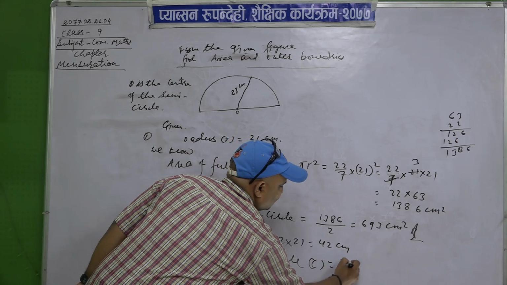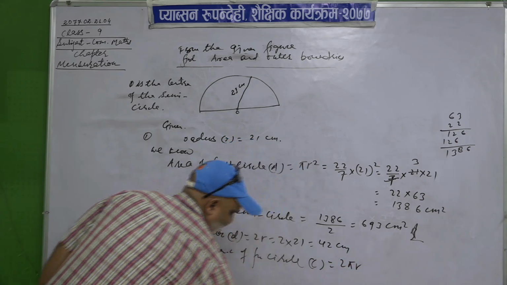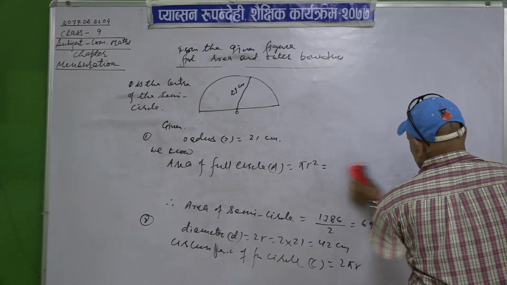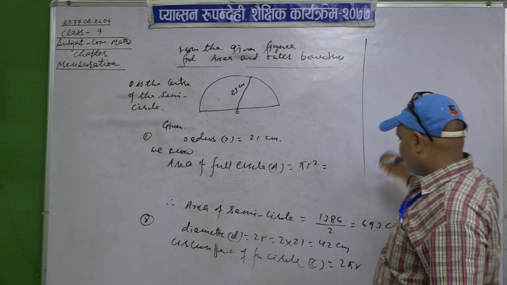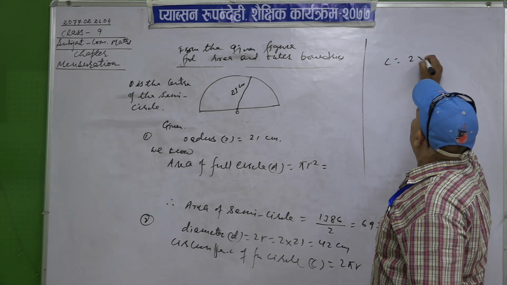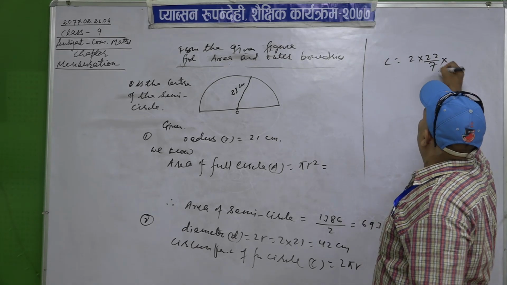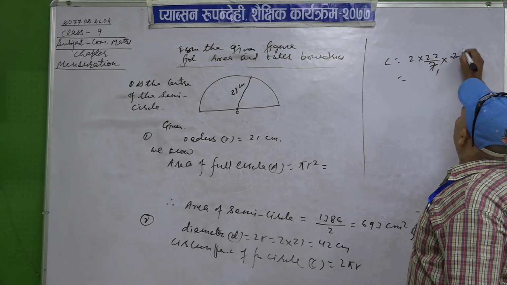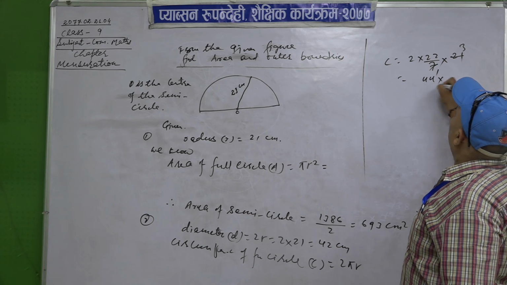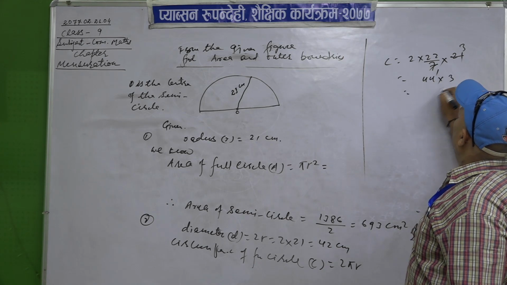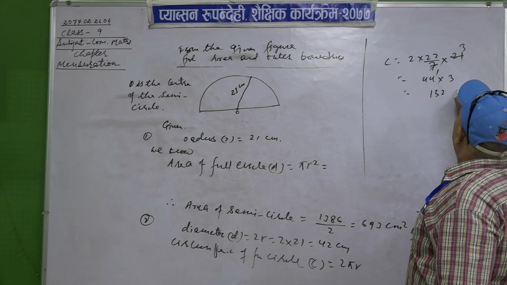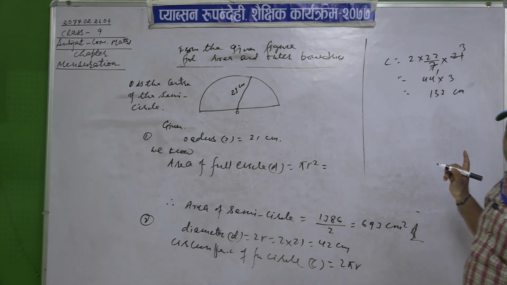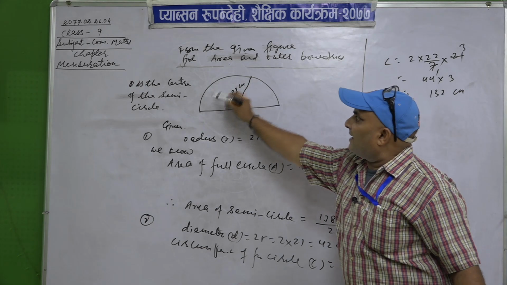C is equal to 2 pi R. Now, look here, C is equal to 2 into pi means 22 upon 7 into R means 21. 7 1 is 7, 7 3 is 21. 44 into 3 is 132. This is the circumference of the full circle, but we have to find out the circumference of the half circle.